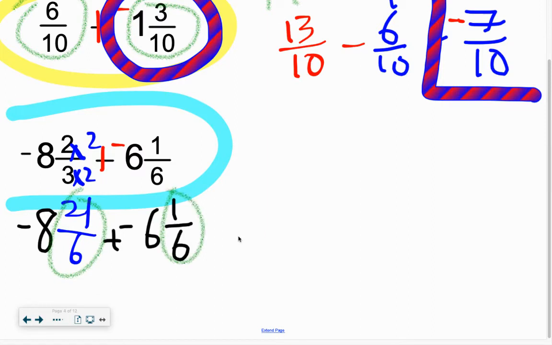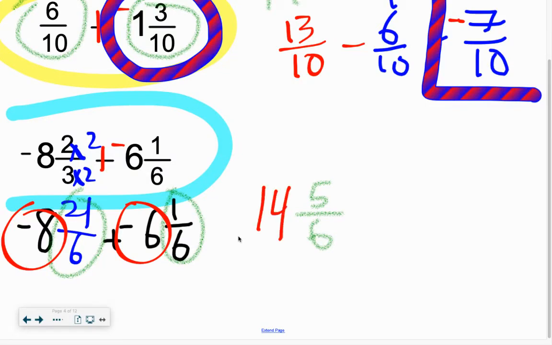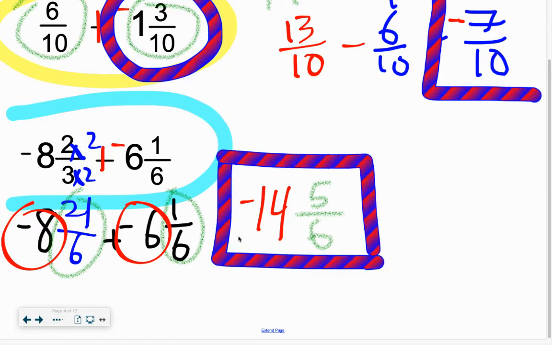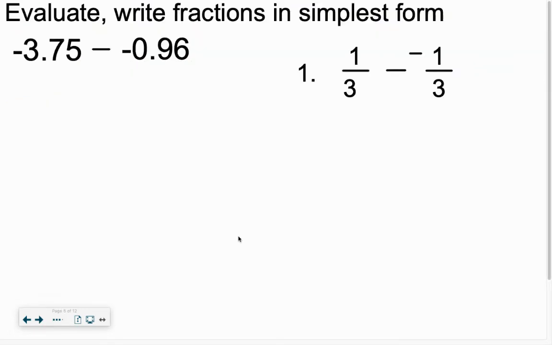That's 4/6 plus 1/6 to give us 5/6. And then add those whole numbers, a negative 6 plus a negative 8. If you borrow $8 and borrow $6, you still owe Mr. Wall's $14, and owing me is a negative thing. Can you simplify negative 14 and 5/6? Nope. So you are done. Box it on up. That's the work I need to see.